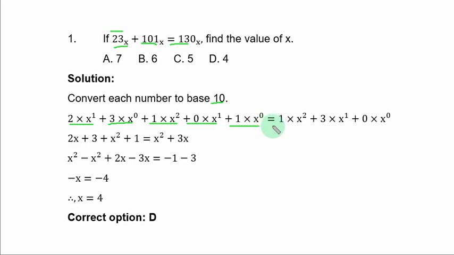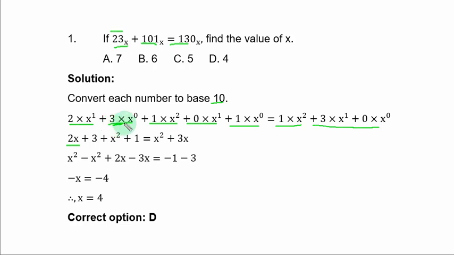The right hand side, you have 1 times s plus 3 times s plus 0 times s. If you insert the position starting from 0, you have s power 0, s power 1, and s power 2. You simplify further. S power 1 is s times 2, you have 2s.